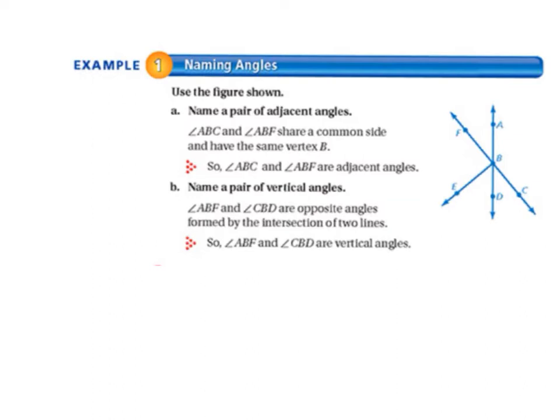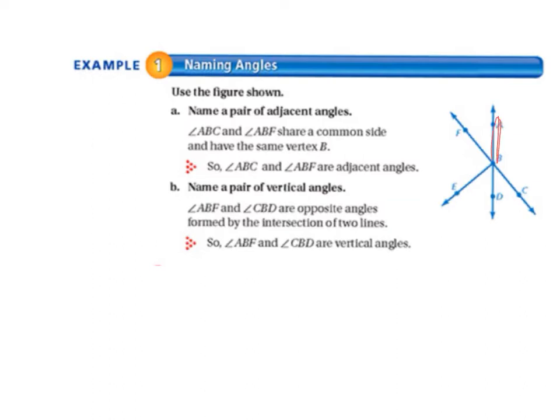Example 1, naming angles. Letter A, we're going to name a pair of adjacent angles. Angle ABC and angle ABF share a common side. So let's look at that.